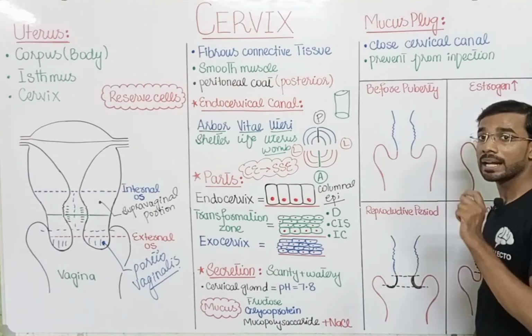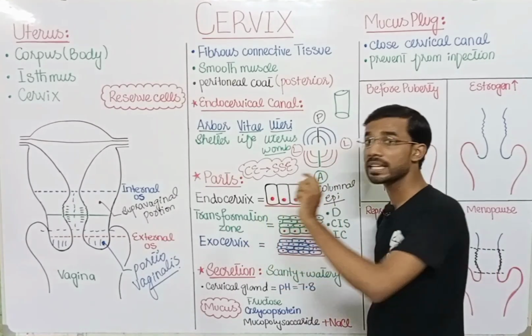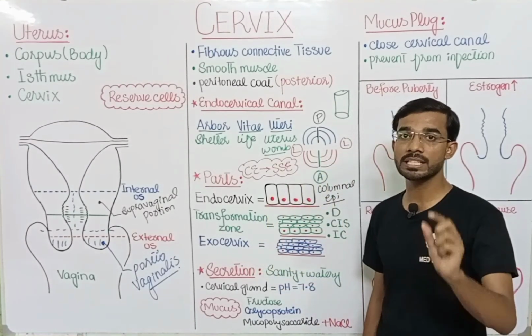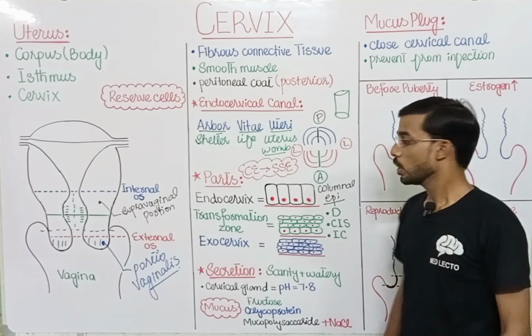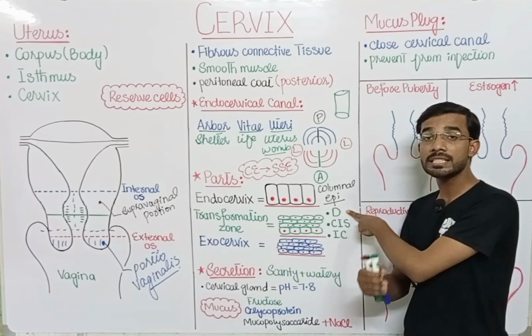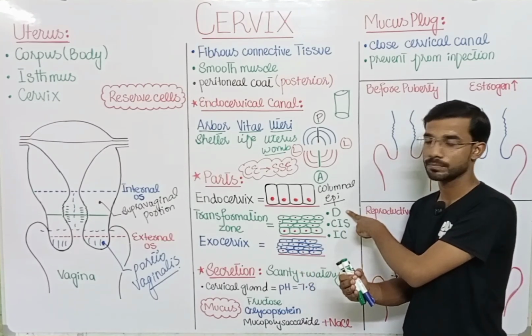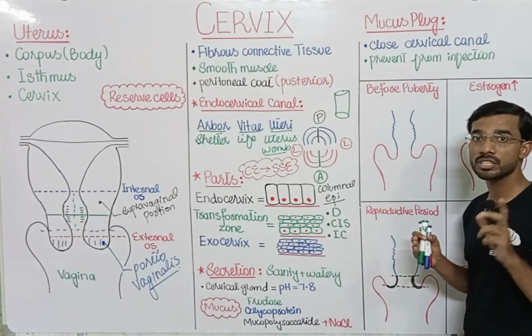Another most important thing: this zone is the origin, in most cases, of cancer. Here you can see dysplasia, which is a precancerous state. It can go towards cancer. Dysplasia is when the cells start changing.